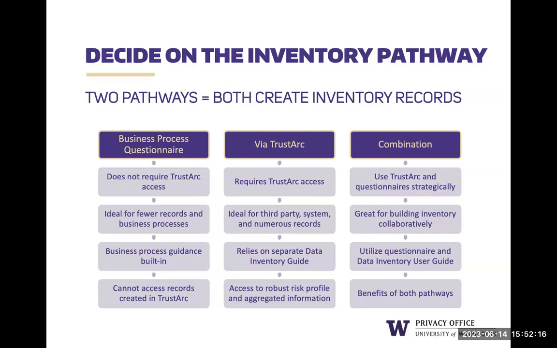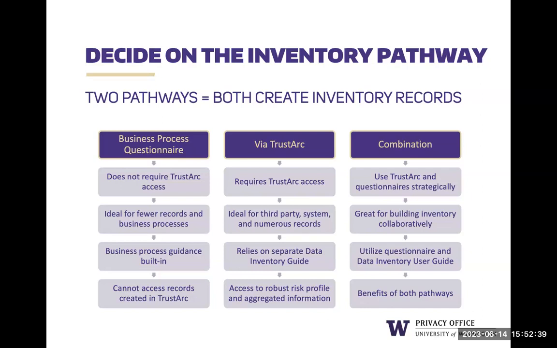Creating records within TrustArc is also similar to filling out a form. To assist, the Privacy Office maintains the Data Inventory User Guide, which provides a checklist of the information we are asking you to submit and includes clarification about what the fields mean and context for the university environment.